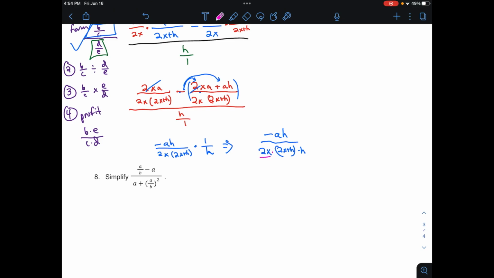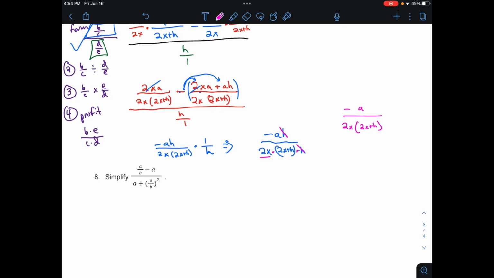Even though there are 3 things being multiplied, this is still one term because everything's being multiplied. There's no addition separating it. Even though there's an addition inside this multiplication, we still consider that denominator to be one term. Meaning the term in the numerator and the term in the denominator have a common factor of h, canceling it, giving us negative a over 2x times 2x plus h. And then we are happy.